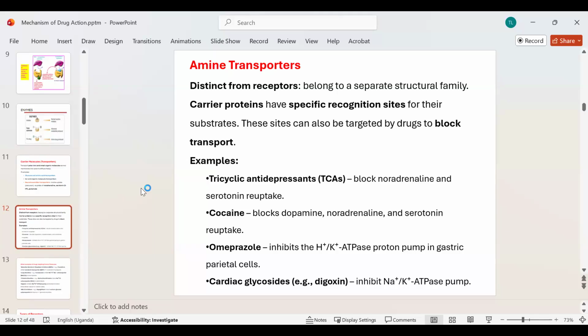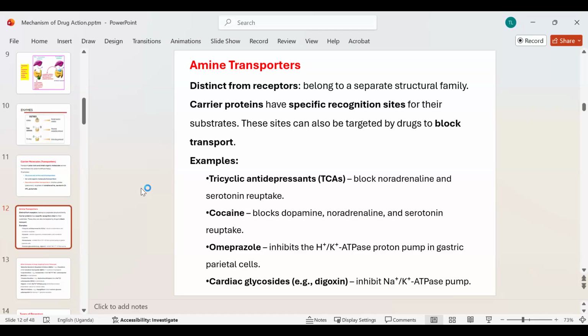Drugs like omeprazole tend to inhibit the ATPase proton pump. Then drugs like the cardiac glycosides also work on the sodium potassium ATPase pump.